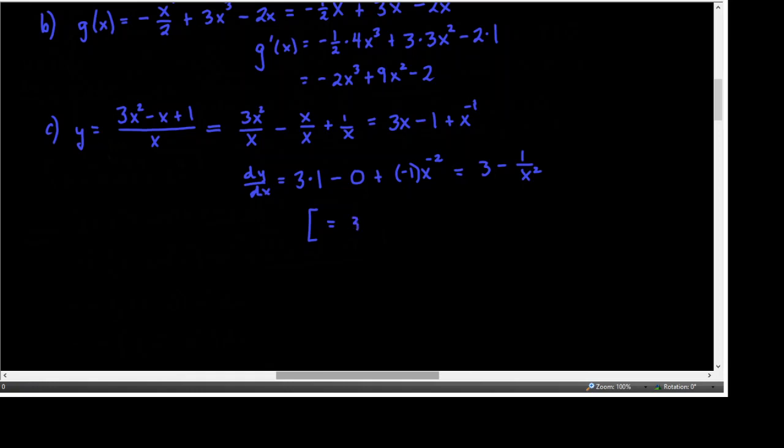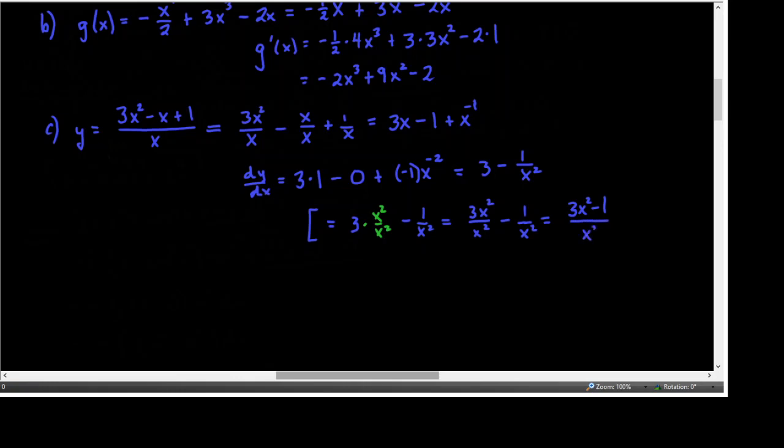So if I multiply the 3 by 1 in the form of x squared over x squared to get a common denominator, that will end up being 3x squared over x squared minus 1 over x squared, which will equal 3x squared minus 1 over x squared.